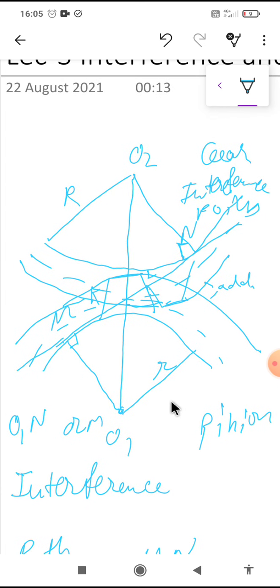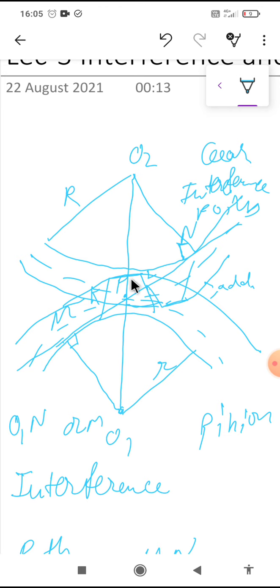So let me go to the diagram. Here, the point where these two base circles are intersecting, I am calling P, where MN is nothing but MP plus PN.